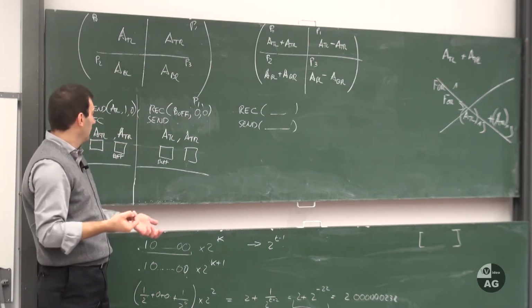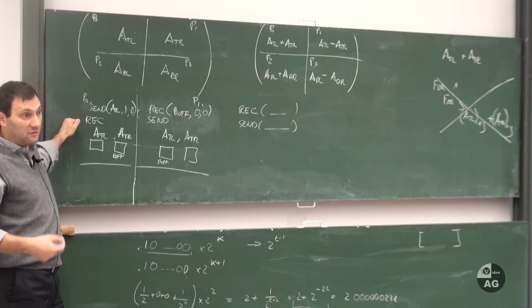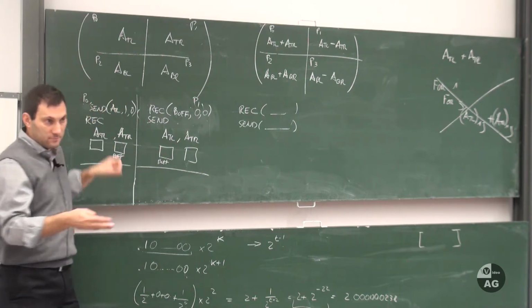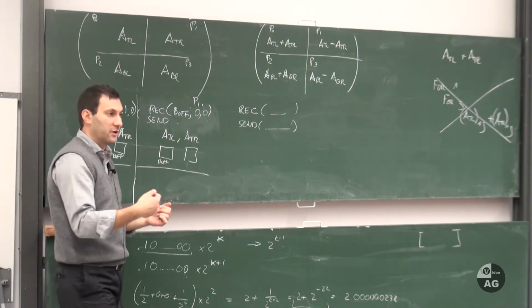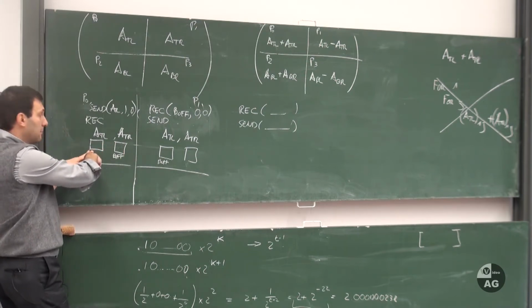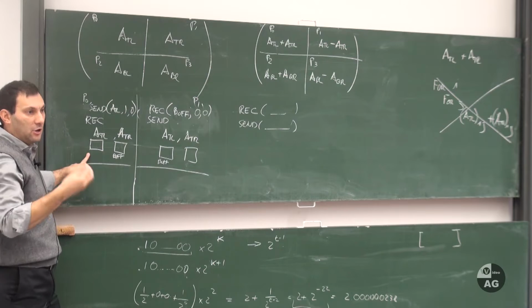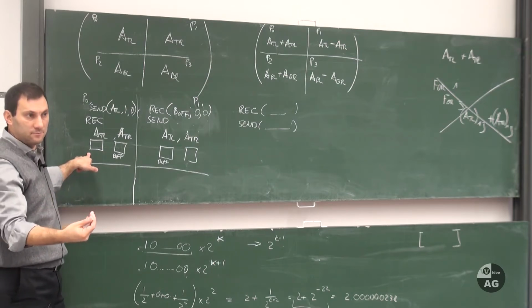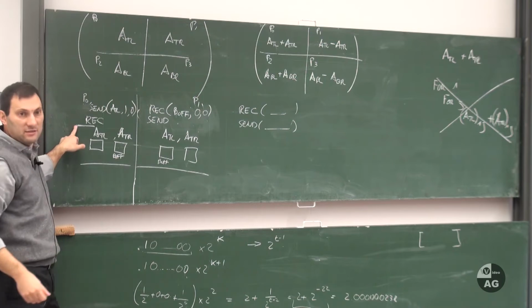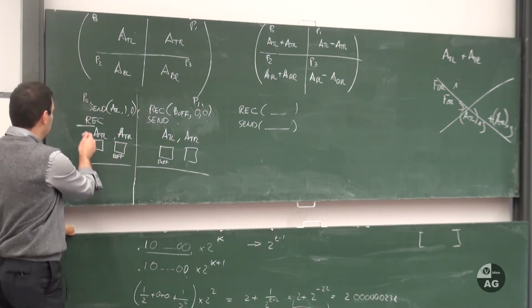We don't care. Why? Because when I send and when I receive, these instructions are blocking. So I don't have to worry that if I overwrite A top left, maybe P1 will not receive the right data. I don't have to worry about that, because my receive completes only when there is a corresponding send, and vice versa.